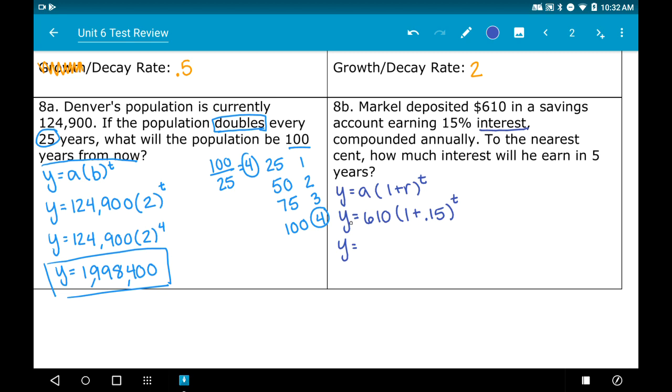So y equals 610. 1 plus 0.15 is 1.15. And it wants to know how much you would earn after 5 years. So y equals 610 times 1.15 to the power of 5.